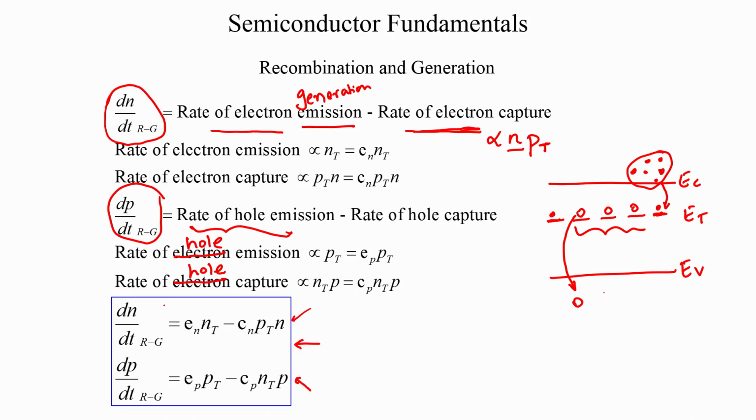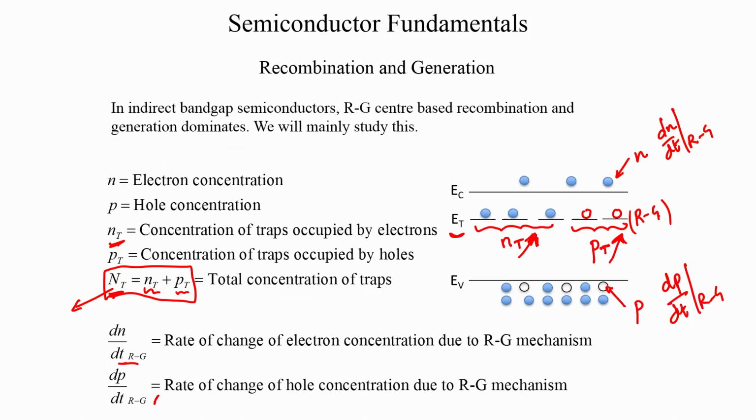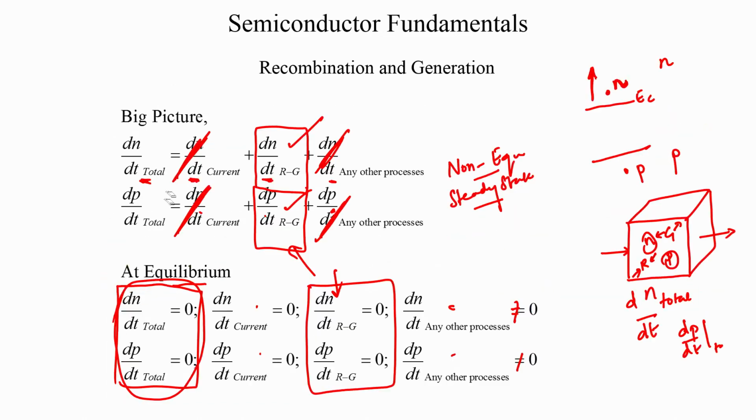This basically tells you the rate at which the electron population changes because of RG mechanisms. Remember, we are not talking about the total. If you go back a few slides, that is the total change of the electron population in any given volume. We are only talking about the RG mechanisms.